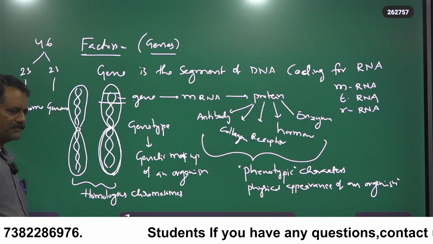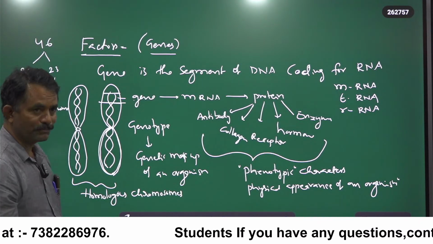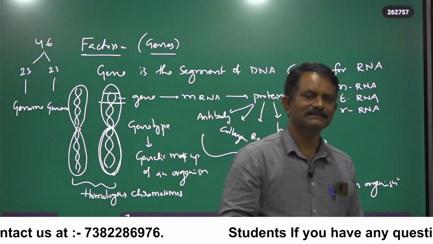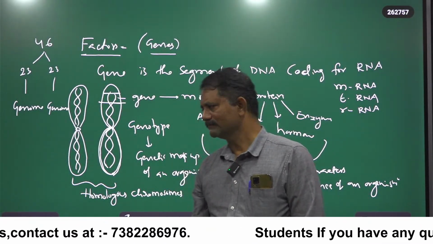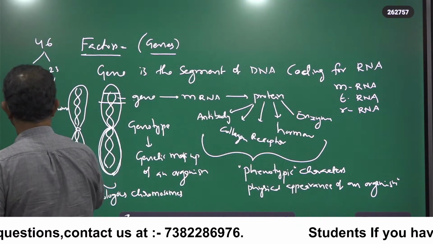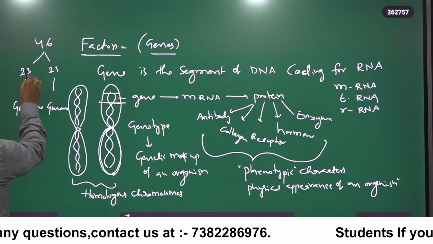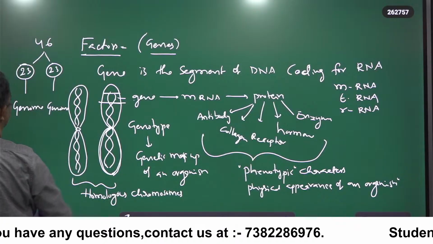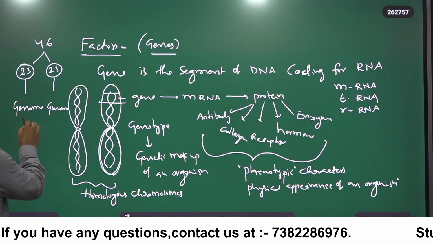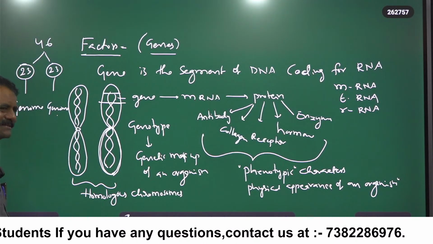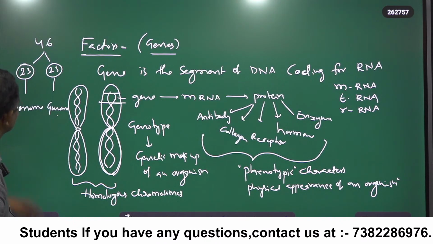These two genomes come to the progeny from the two parents. Father gives one genome, nothing but a haploid set of chromosomes, 23 chromosomes. It totally constitutes a genome. A haploid set of chromosomes is called genome.